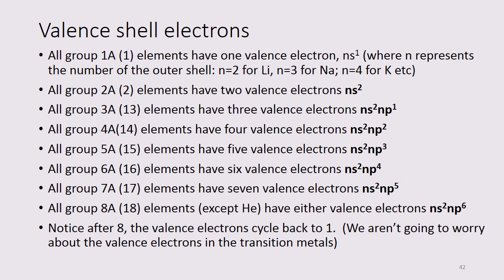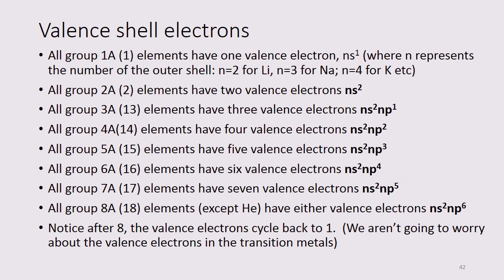Group 3A elements all have 3 valence electrons. They end with s2p1. So aluminum, for example, ends with 3s2, 3p1. Gallium ends with 4s2, 4p1, etc. Group 4A elements have 4 valence electrons, and you can see they end with s2p2.